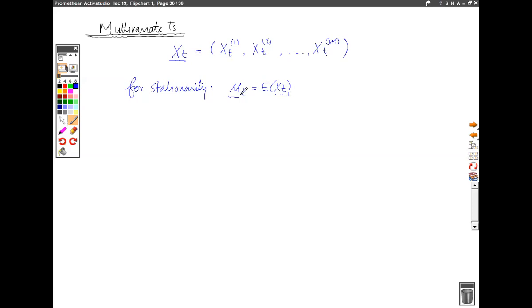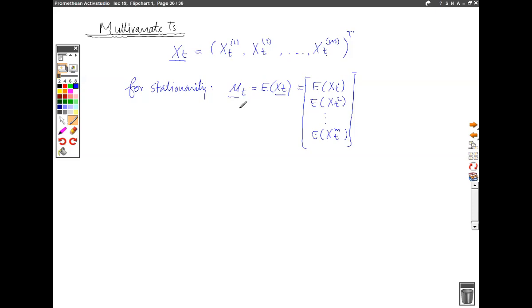So this mu t will be the expectation of xt, so sometimes you write it like this, or sometimes you can write a transpose here. So that when you write expectation of xt, you will get something like expectation of xt1, expectation of xt2, and so on till expectation of xtm. And that will be your mu t here. Does this make sense?